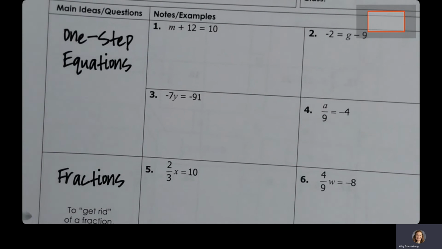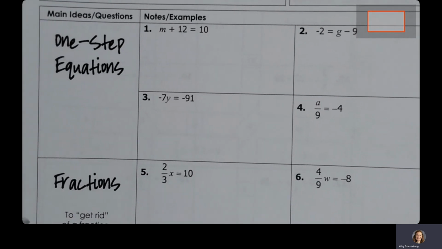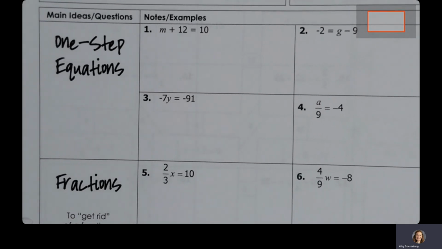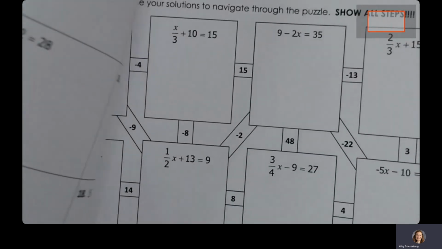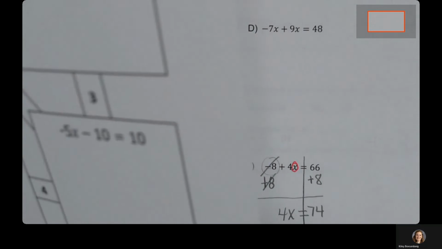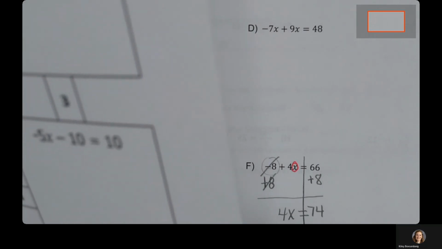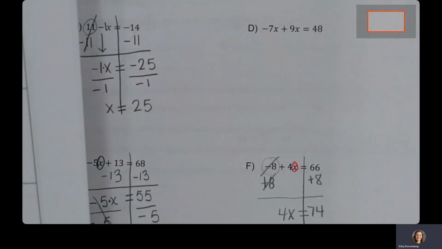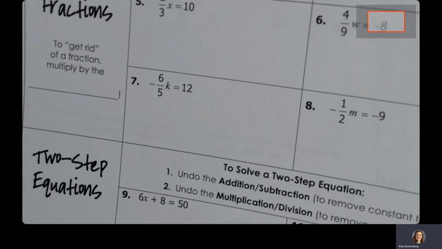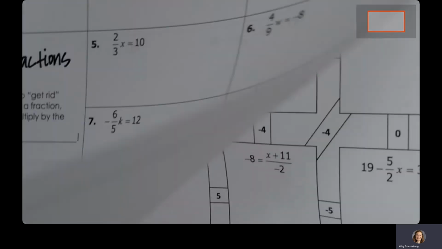Your homework yesterday was 1 through 8. You should have been able to get questions 1 through 8. And now in class, you're going to work on questions 9 through 14 on this worksheet.